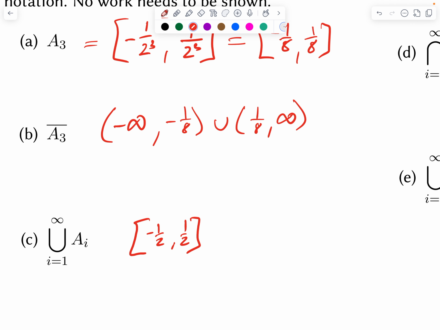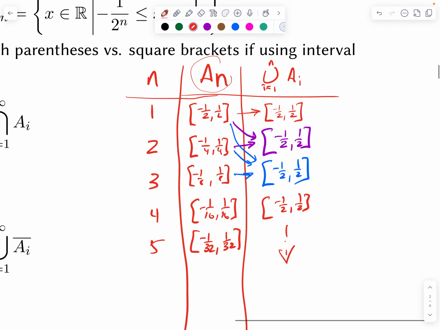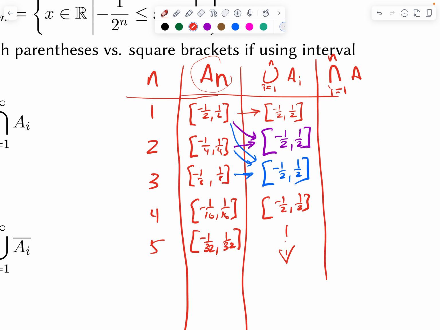Now let's do the intersection of these things. Of course, for the first one, there's nothing to intersect it with. When we intersect this with the smaller set, negative 1/4 to 1/4, you actually just get the smaller set.